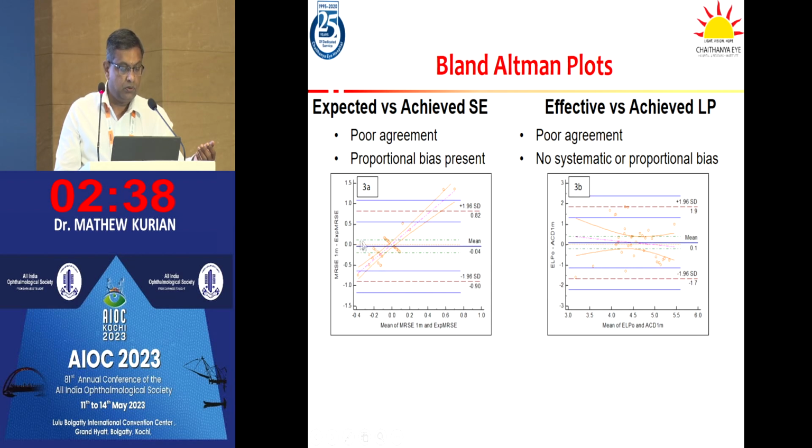When it is plano, that bunch in the center is okay, but as you come to the myopic side, what is achieved is less, and on the hyperopic side, what is achieved is more hyperopic than what is expected, even in normal eyes.